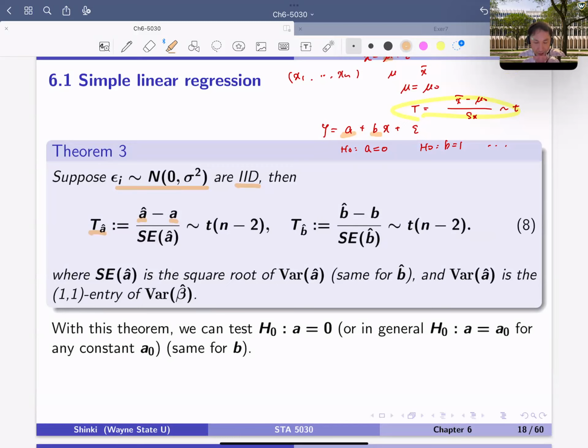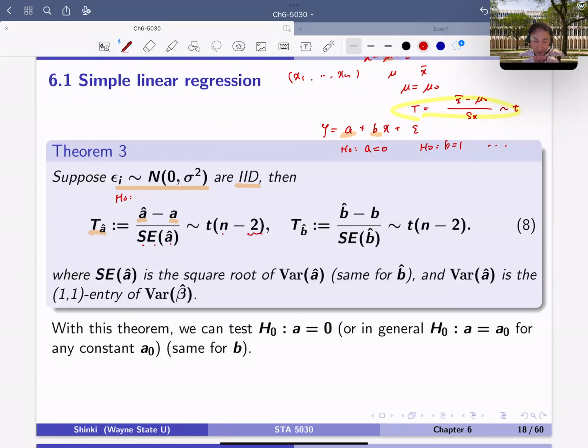Here, a hat is an estimate for a. So if the true intercept is a, then a hat minus a divided by the standard error of a hat follows the t-distribution with degrees of freedom n minus 2.